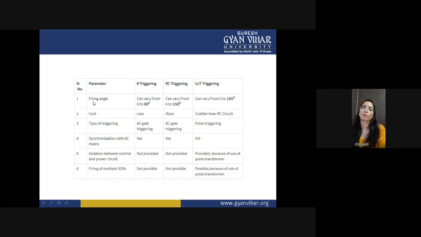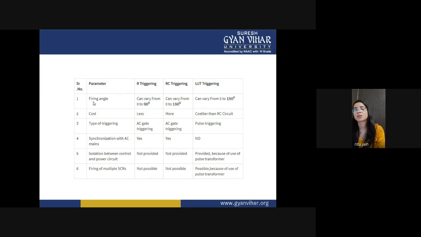As you know, you were using only one diode and one variable resistor in your R triggering, and the diode was conducting only for the positive half cycle, and for the other, negative half cycle, the diode was blocking the voltage. So the maximum firing angle which can be applied in R triggering is limited to 90 degree.